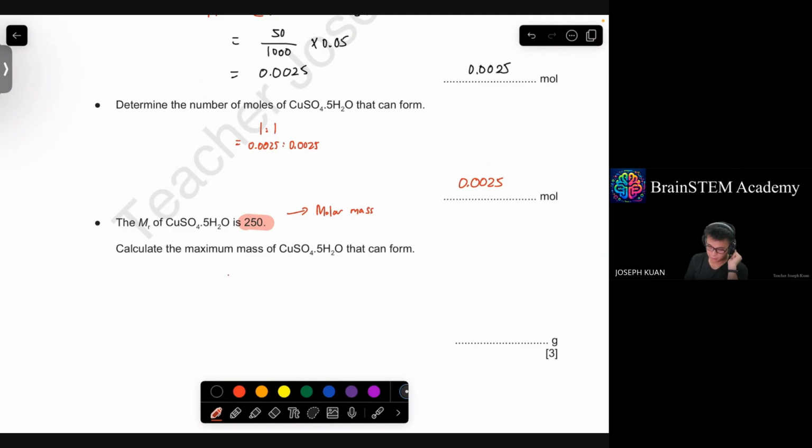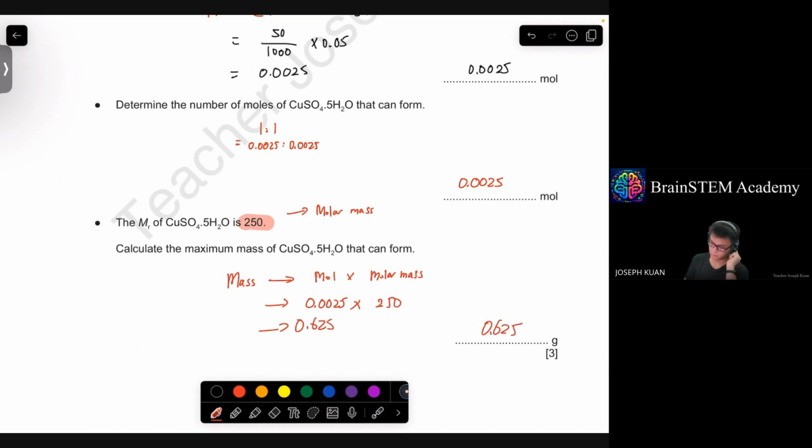By using the formula mass equals moles multiplied by molar mass. It's pretty straightforward. We just need to take 0.0025 multiplied by 250, and we get the answer, which is 0.625.